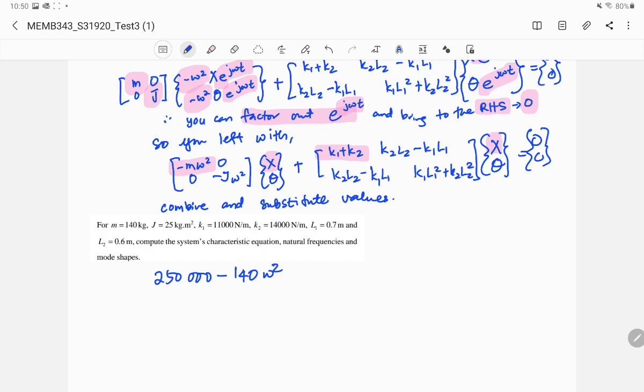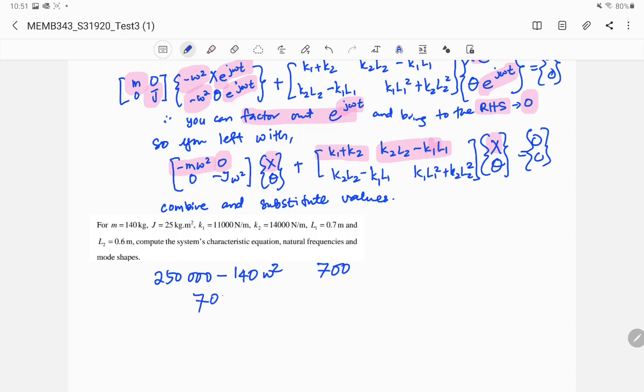I'm looking at the first row here, and then you have 0. And then you have k2l2 minus k2l1. If you calculate that with your l1 and l2 values, you get 700.